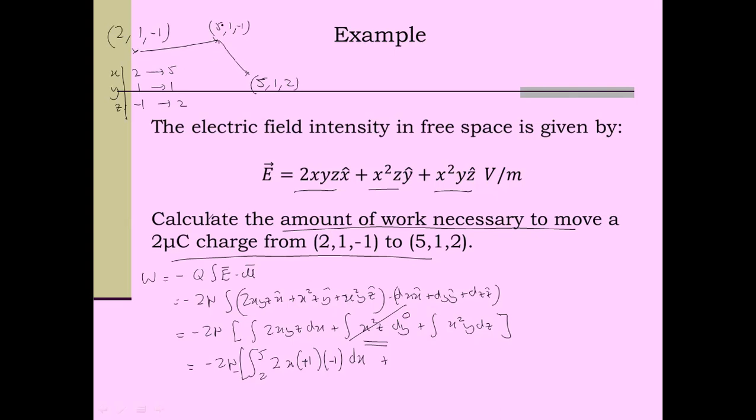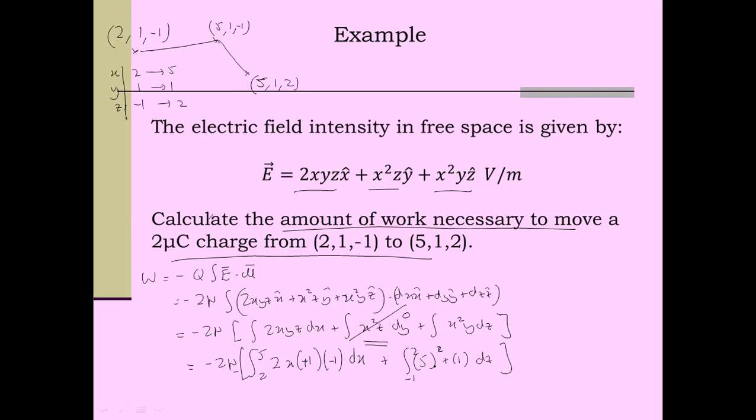So for this range, x will have the same value of 5, y will have the same value of 1, whereas z changes from -1 to +2. So we're going to have the integration of x, which is 5 squared, times y, which is 1, and then dz, with the range of integration for z from -1 to +2. That's how we define the range of integration, or the work that's required.